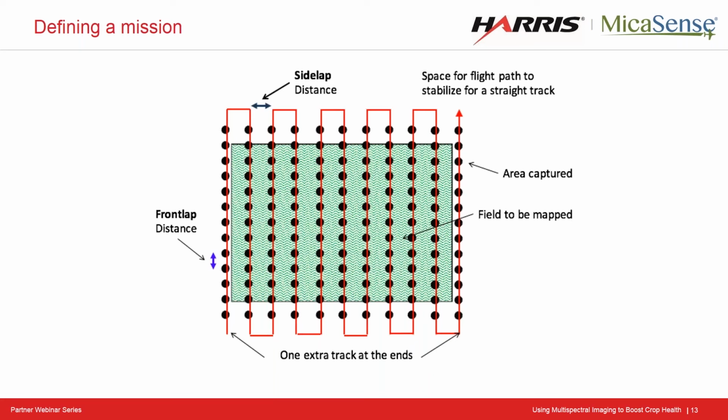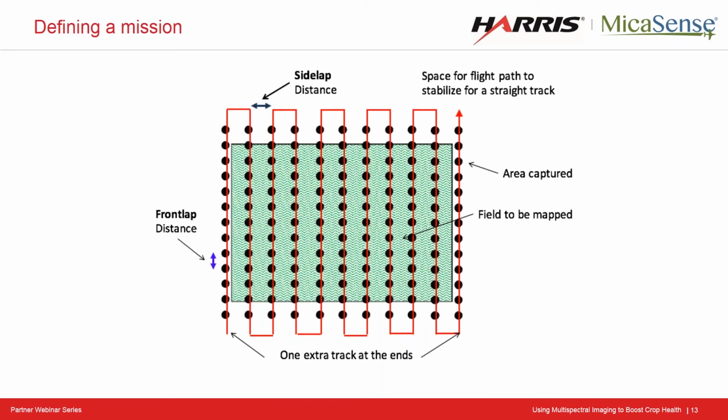If we start over on the lower left-hand side and we're flying along, we start that mission, all those black dots are image collection events. Basically, the camera's triggering and it's capturing images at that point. This first vertical arrow up and down is just a terminology thing.